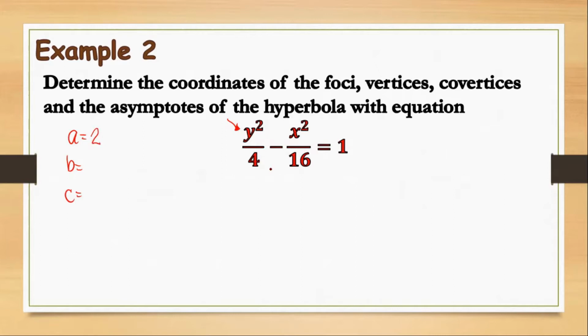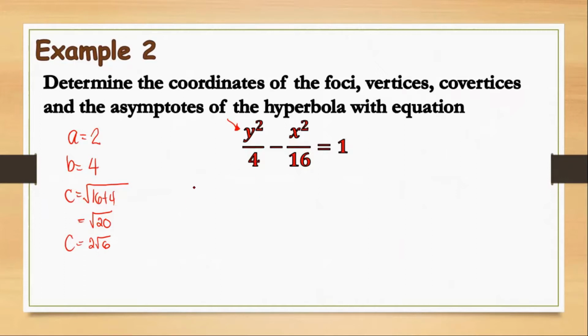Our b is square root of 16, so that is 4. And so let's find the value of our c. c is equal to square root of 16 plus 4. That is equal to square root of 20, and square root of 20 is equal to 2 square root of 5. This will be the value for our c.